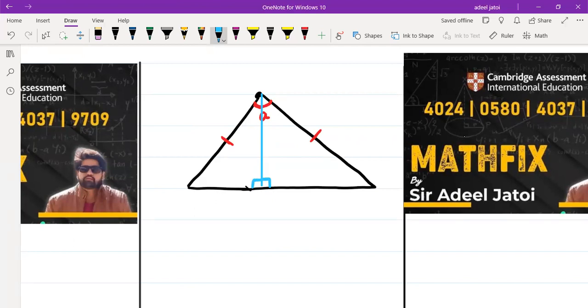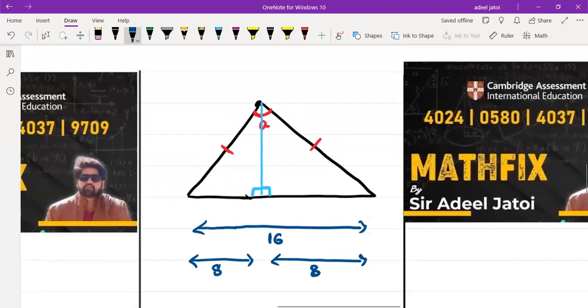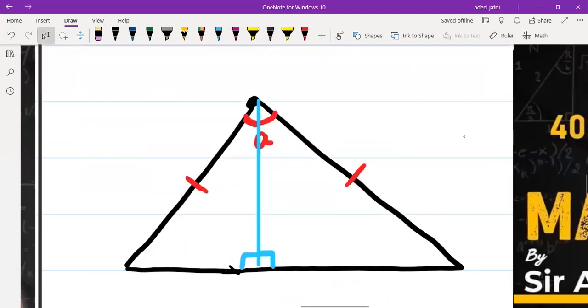So if this particular side is, let's say, 16, we can say this side is 8 and the other side is also 8. This A will be divided equally, so this is half A and this is half A.